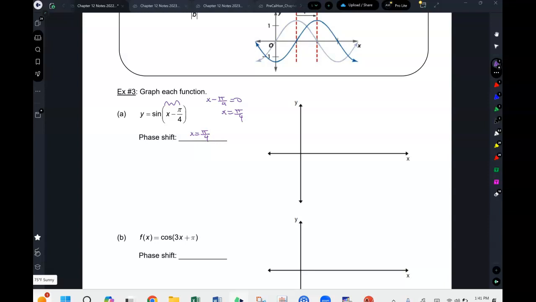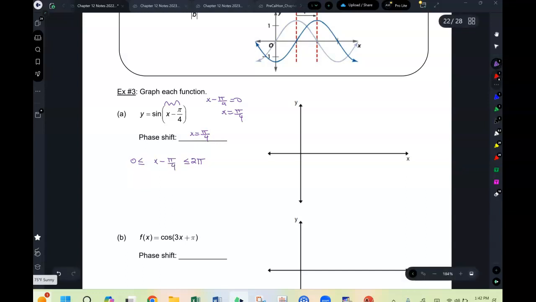Okay, so now it's no longer going to start at 0. So let's find where the new starting and the new ending points are. All right, so let's see. So again, we're going to go from 0 to 2 pi. Inside, we're going to put x minus pi over 4.